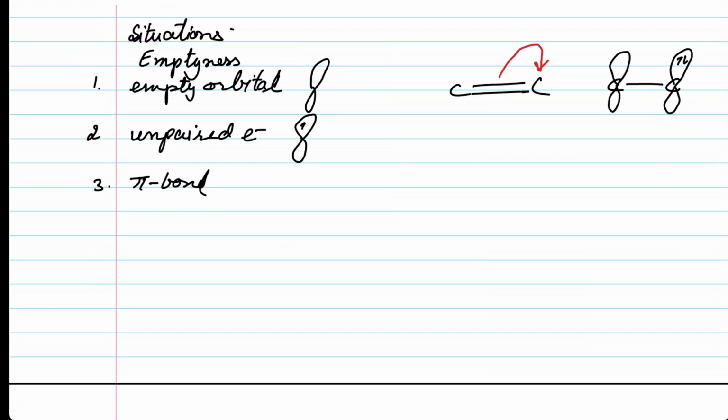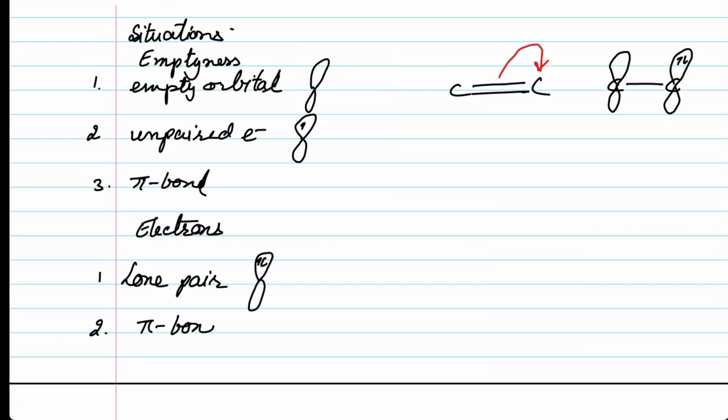So these are the three conditions which could be emptiness. Then we could have the electrons. The electrons can be provided by two species. One, lone pair. That is, we have two electrons in the same orbital, or the pi bond. As I have already told you that pi bond behaves as an emptiness as well as electron pair.